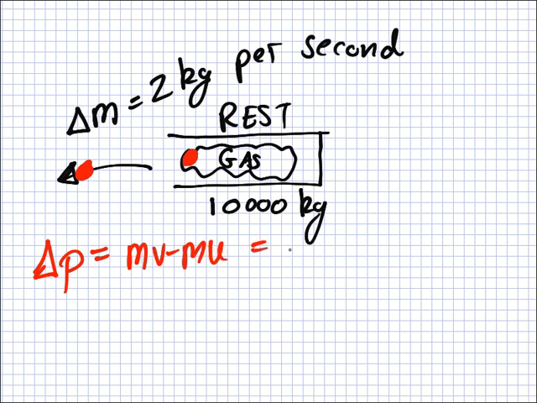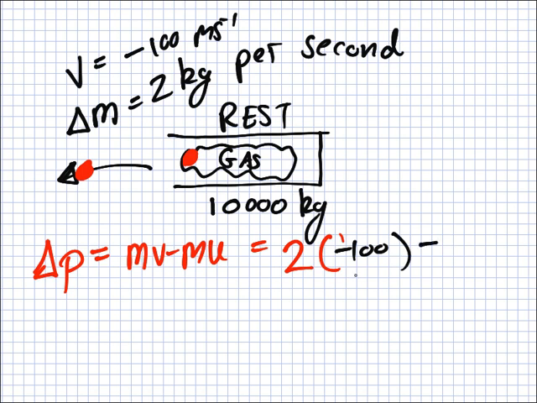The m is 2 in this example. And the v, in this example, is going to the left. I have to give it a speed, so we'll just say v is minus 100 meters per second. And the u is 0. So this is minus 200 kilogram meters per second.